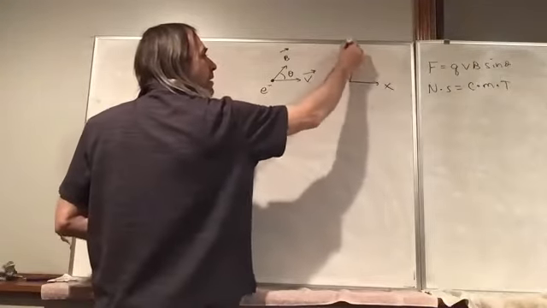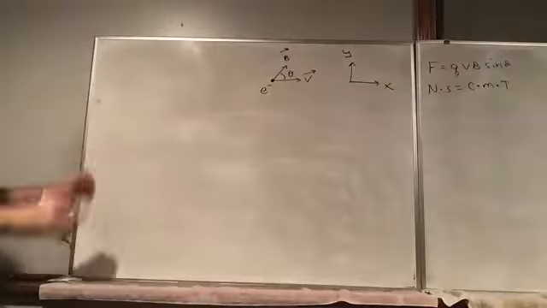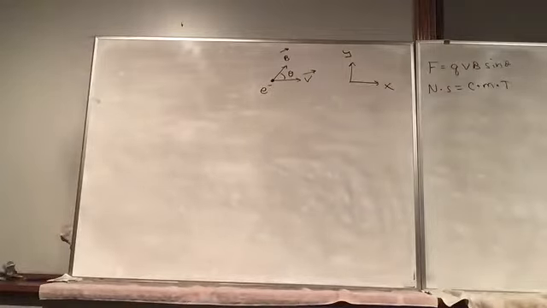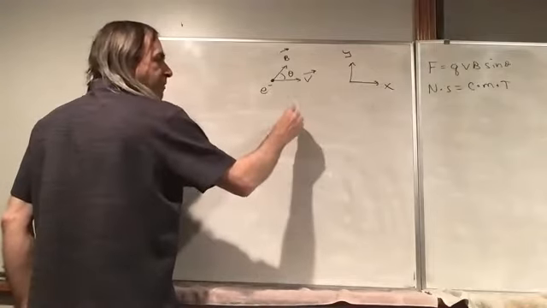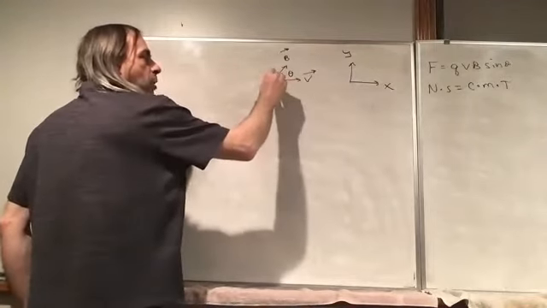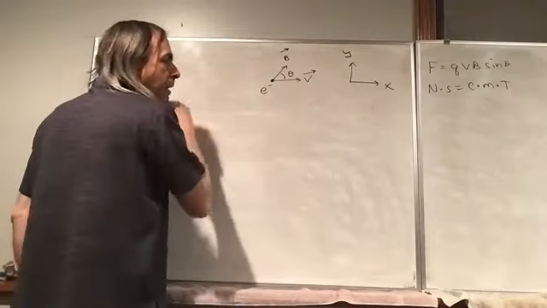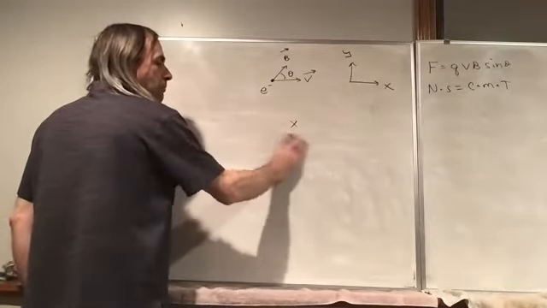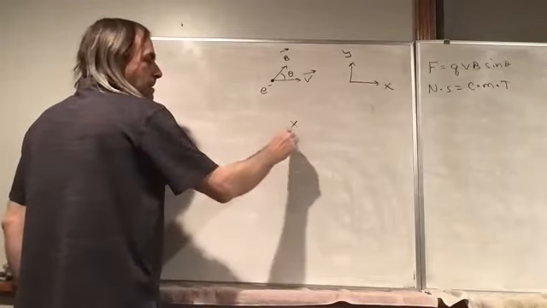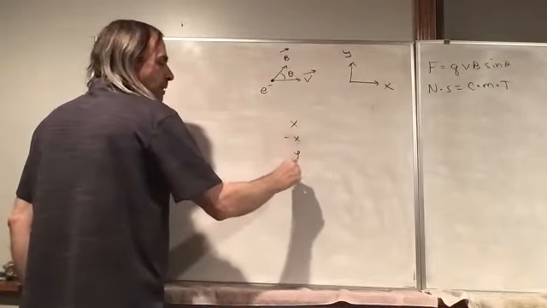Let's start with this. Let's say that the board is an XY plane. And so we have possible directions for the force on the electron. Say it's in the X direction.